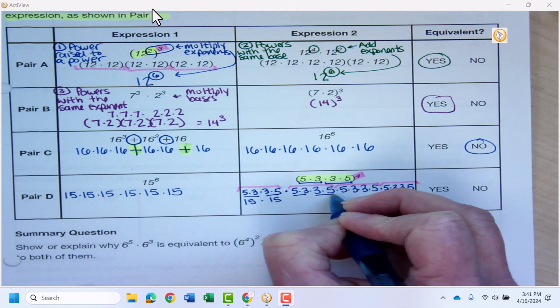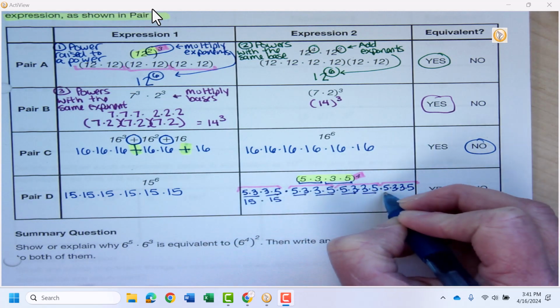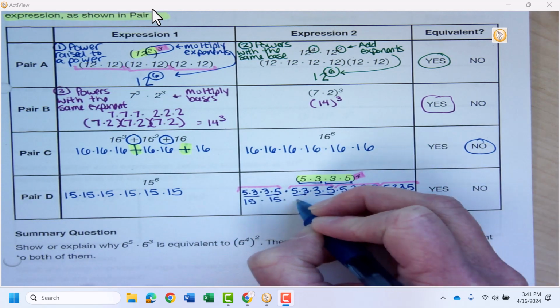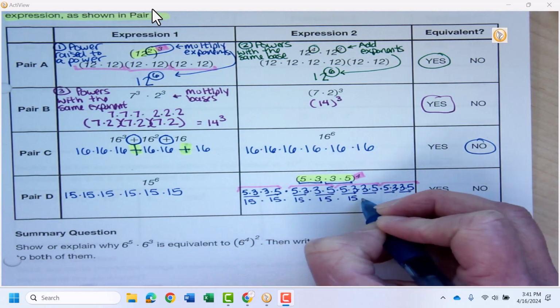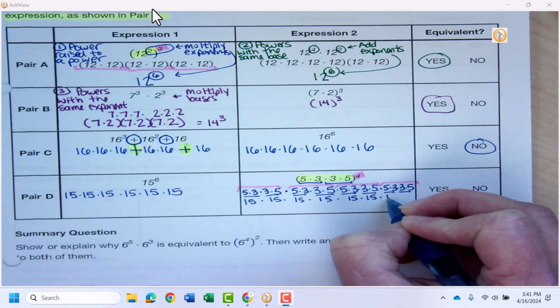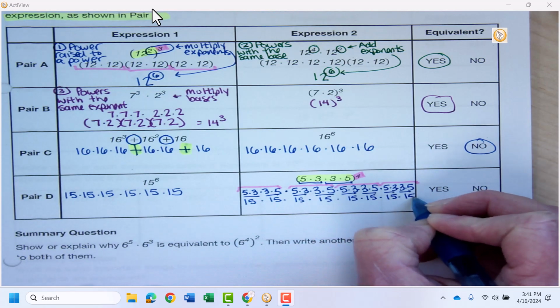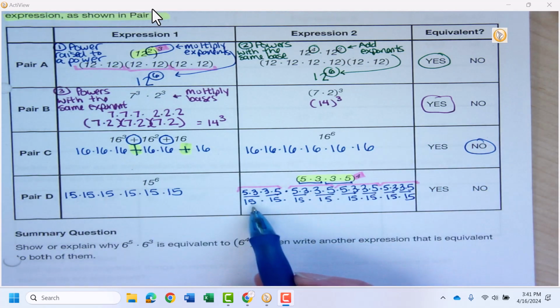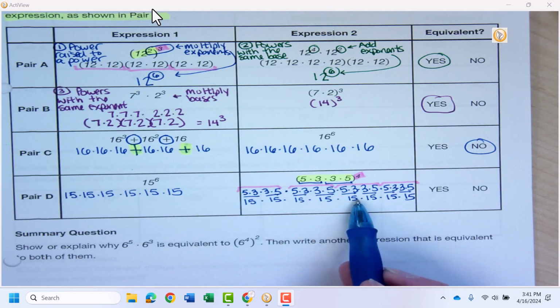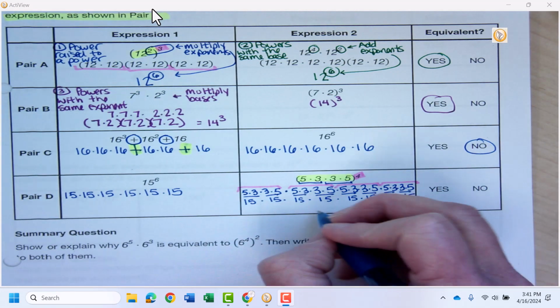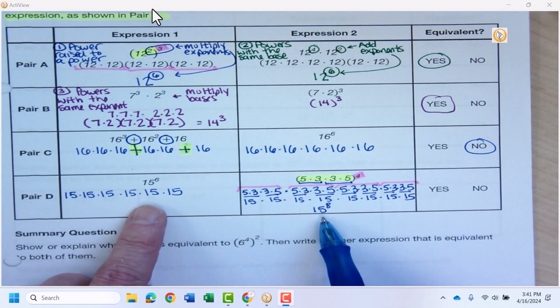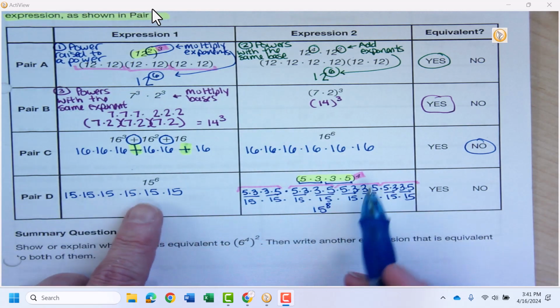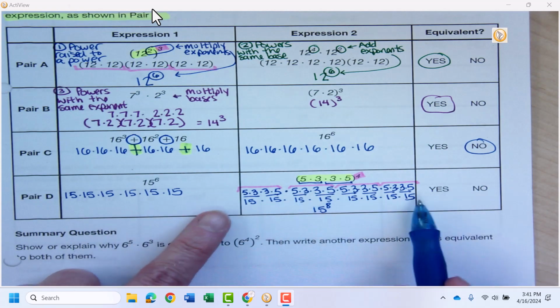All of these pairings of 5 and 3 as factors means I have another 15 as a factor. Okay, I'm supposed to have 6 of them. How many do I have? 1, 2, 3, 4, 5, 6, 7, 8. Okay, so those are not equivalent. It's a little lengthy, but expanding it out is going to help us to see.